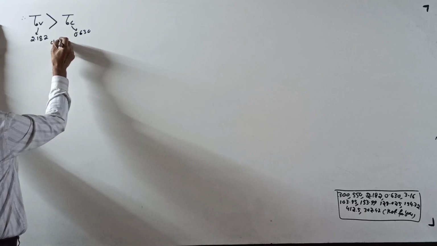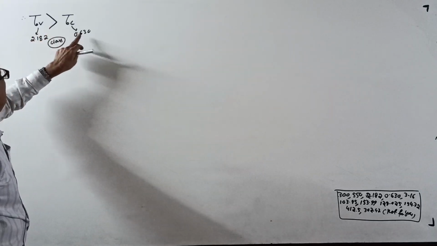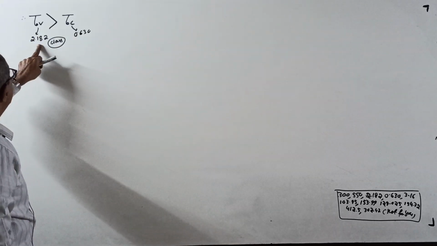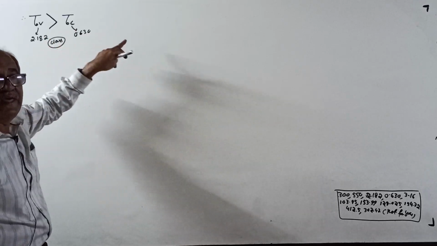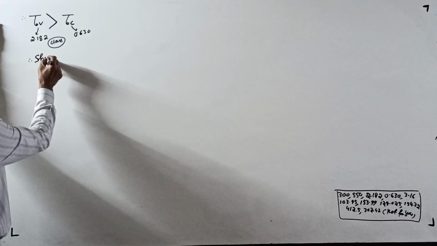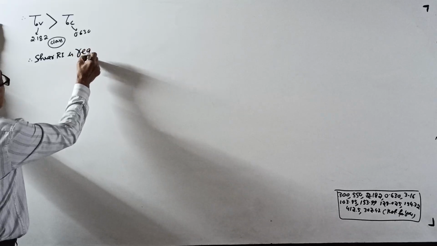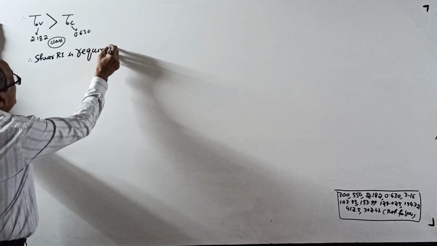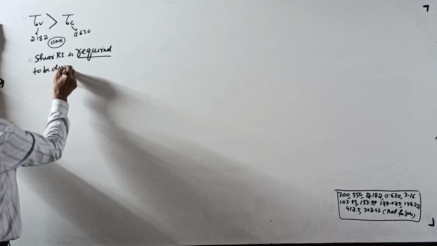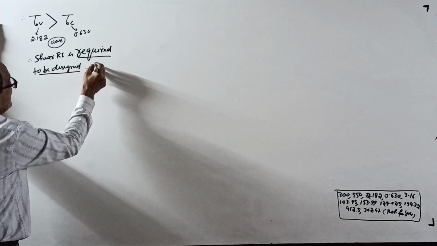How much shear stress is to be resisted, and how much shear stress can concrete alone resist? This time the shear stress to be resisted is more than the capacity of concrete. Therefore, what you have to write? Shear reinforcement is required to be designed. One note you can write here.